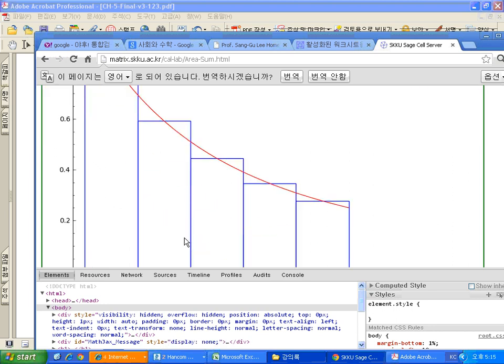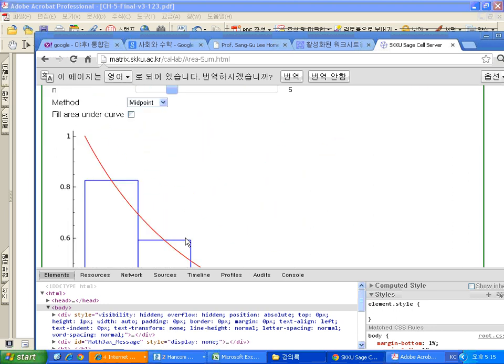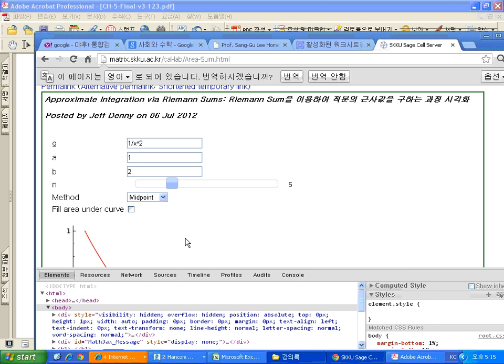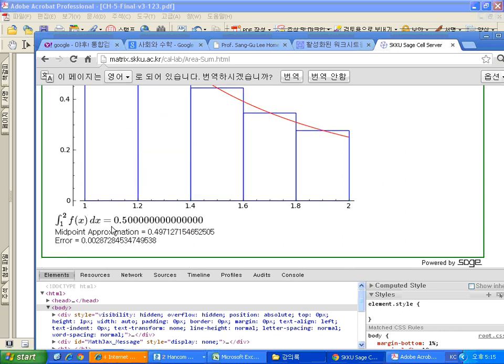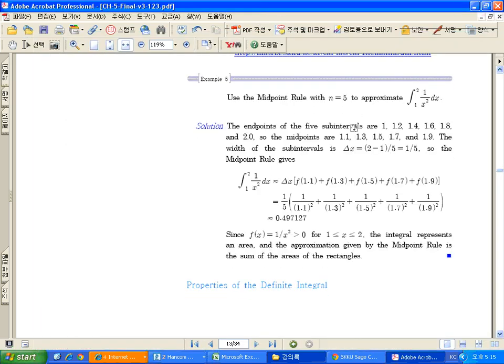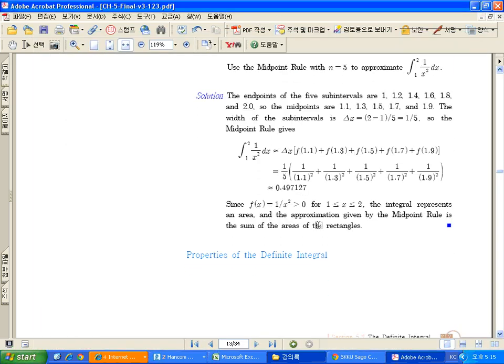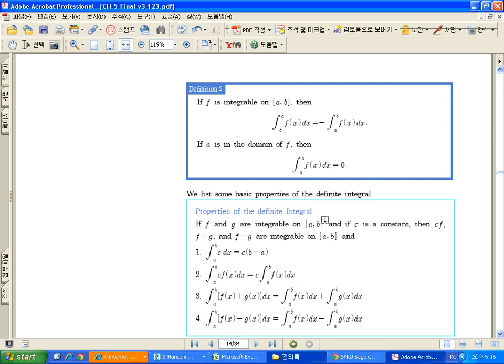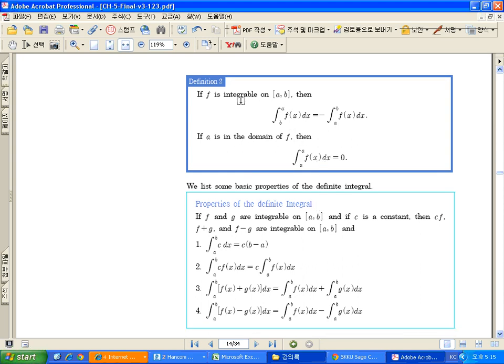Then we have 1 over x squared. That's right. We have 0.5 and the midpoint approximation is 1.497, which is very close to 1/2. So yeah, like this midpoint. So you can deal with it, and you already know the properties of definite integrals.